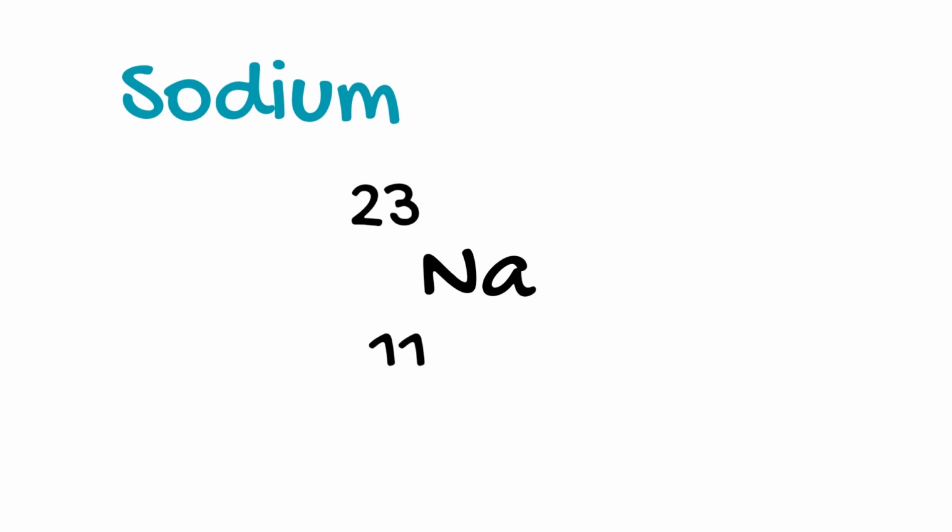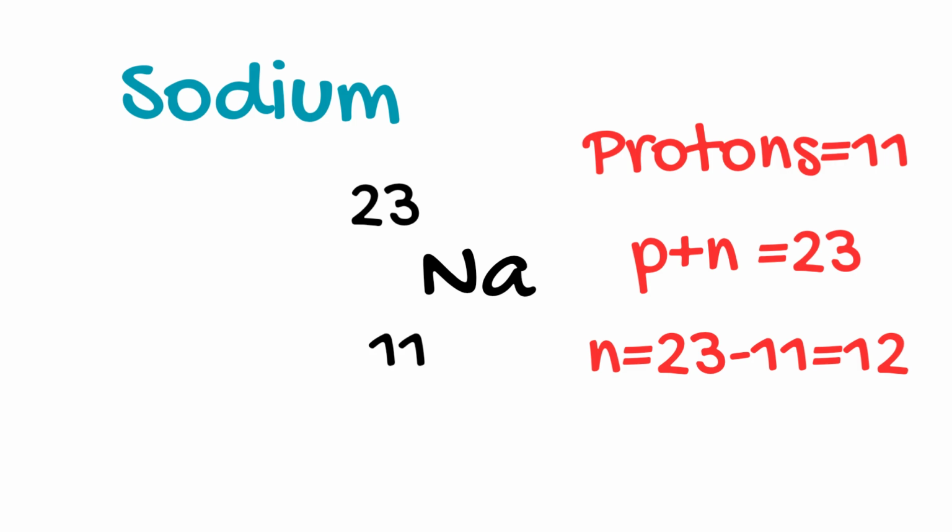In the case of sodium, how many protons will be present? Protons will be 11 and protons plus neutrons is equal to 23, denoted by the mass number. So 11 plus neutrons is equal to 23. That indicates the number of neutrons is equal to 12.